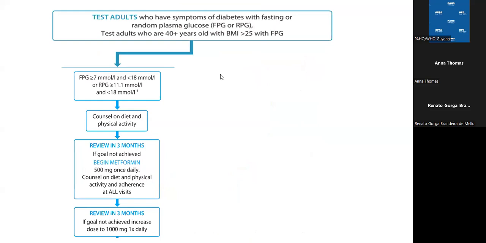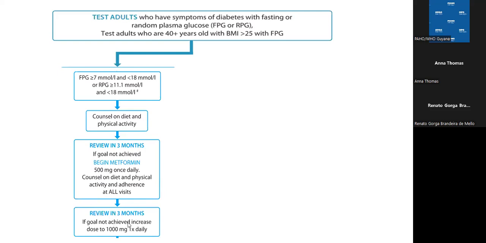So here's a framework. Counsel on diet and physical activity, review in 3 months. If goal not achieved, begin metformin, 500 milligrams once daily. Counsel on diet and physical activity and adherence at all visits. Review in 3 months.